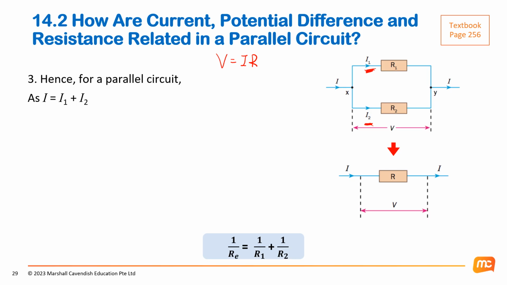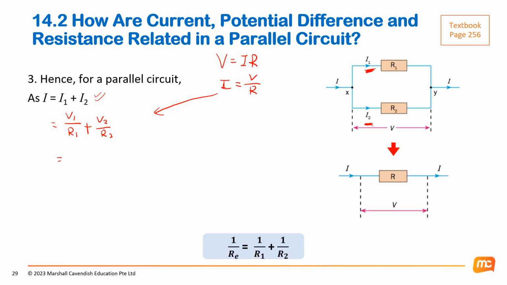So since I equals I1 plus I2, and I equals V over R, I'm going to apply this to the relationship that I know for certain for a parallel circuit. So this will be equal to V1 over R1 plus V2 over R2.